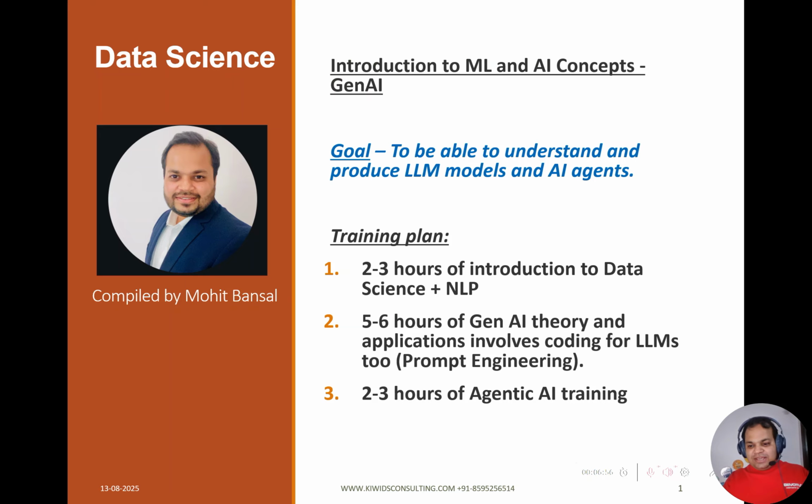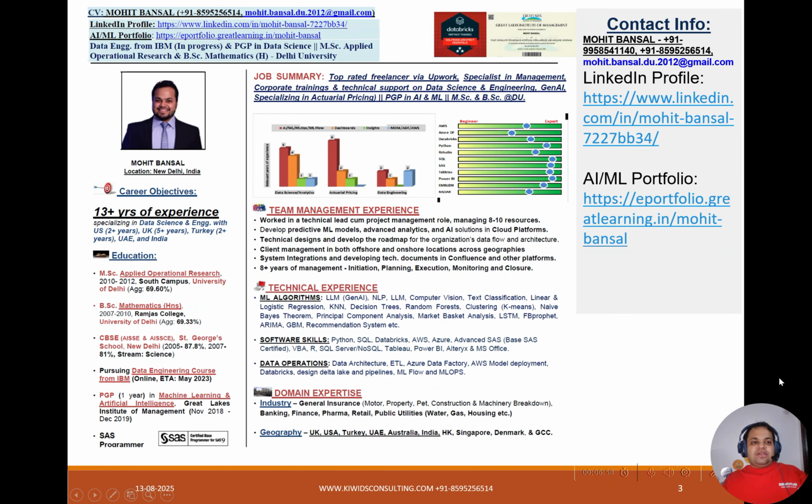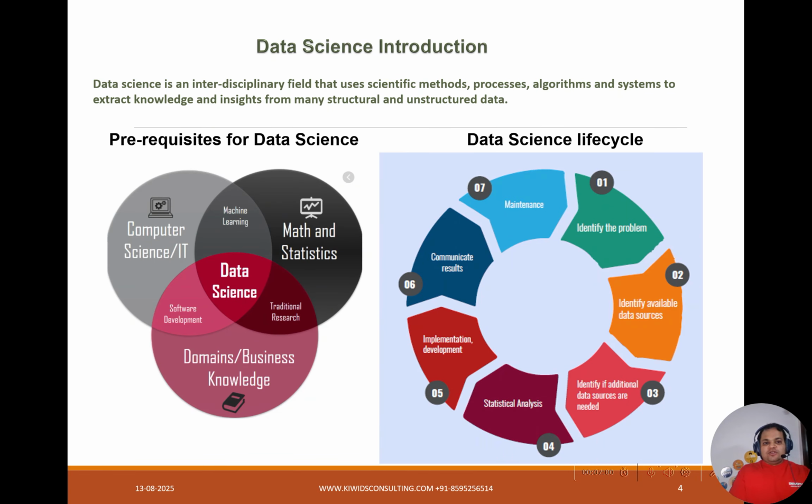So coming back to the slides, let's go to the basics of data science. As we know, data science is a combination of scientific methods, processes, algorithms, and systems. Majorly, it requires knowledge of computer science, maths and statistics, and domain knowledge.